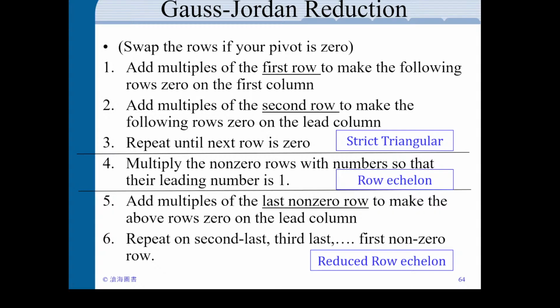Then you multiply by some number to make the leading number of each non-zero row 1. You get the row echelon form, and then you subtract from the lower rows to the upper rows to make the reduced row echelon form. That's a quick review of last time.